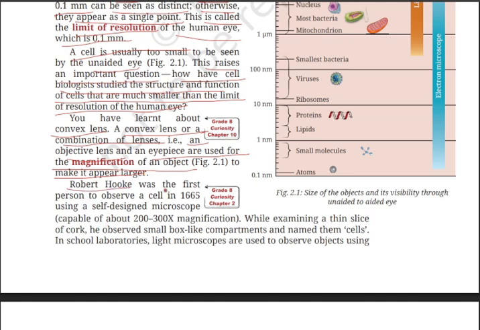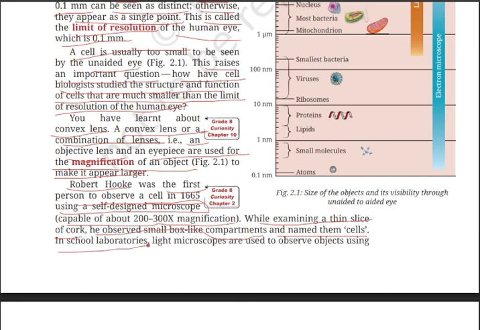Robert Hooke was the first person to observe a cell in 1665 using a self-designed microscope capable of about 200 to 300x magnification. While examining a thin slice of a cork, he observed small box-like compartments and named them cells.